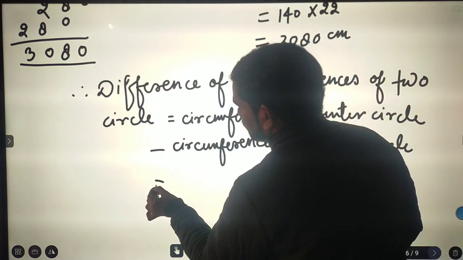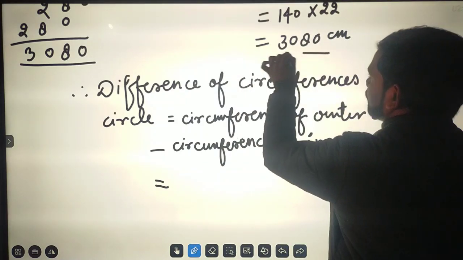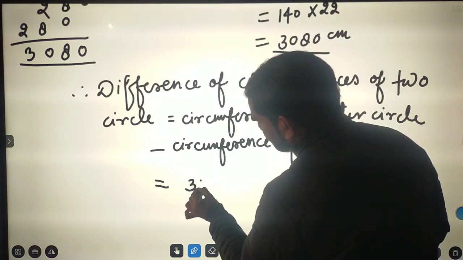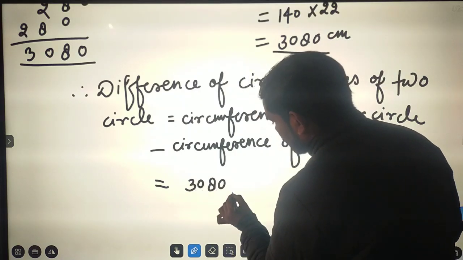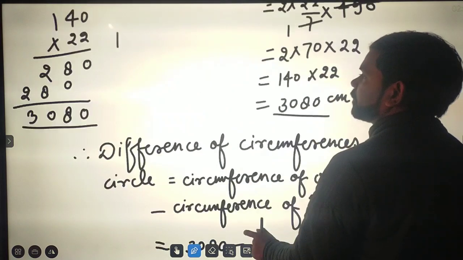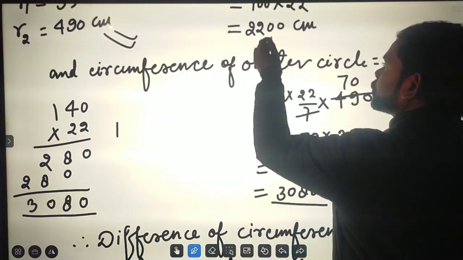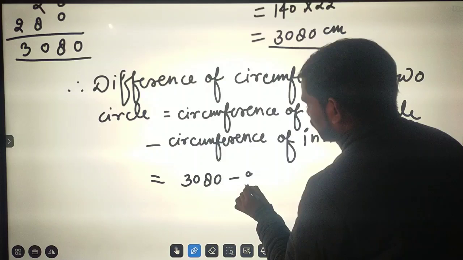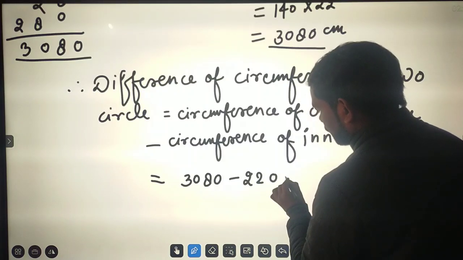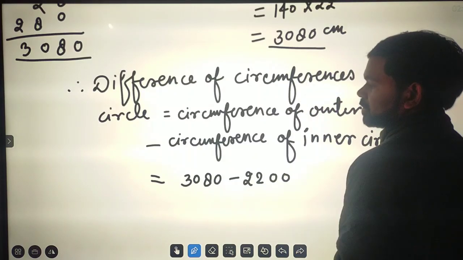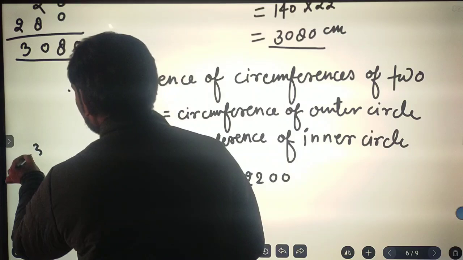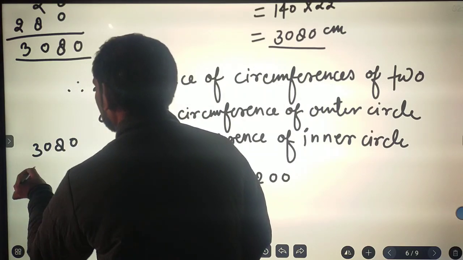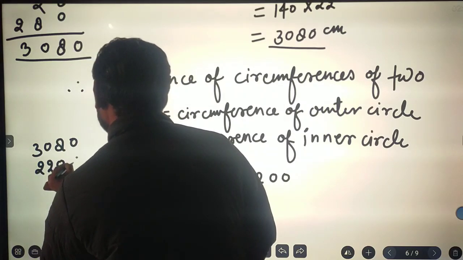So the circumference of the outer circle is 3080, minus the circumference of our inner circle, which is 2200. Now we have to find the difference. We write 3080 minus 2200.